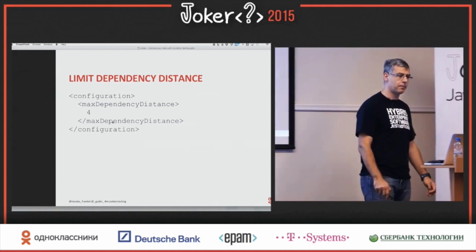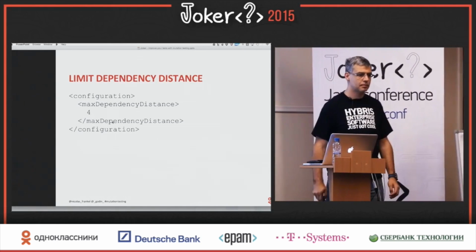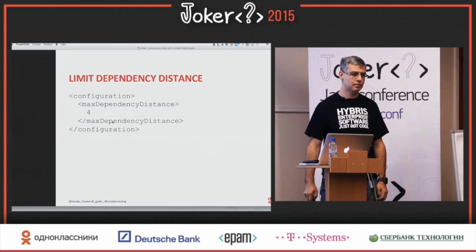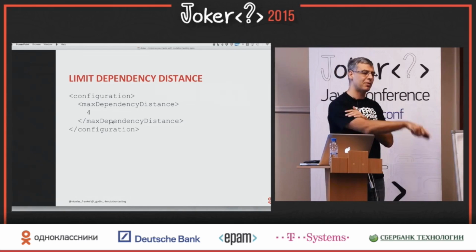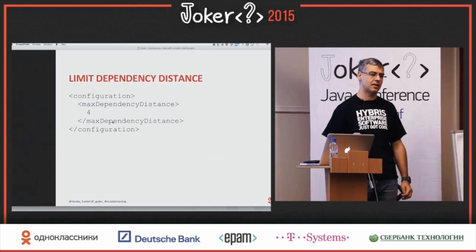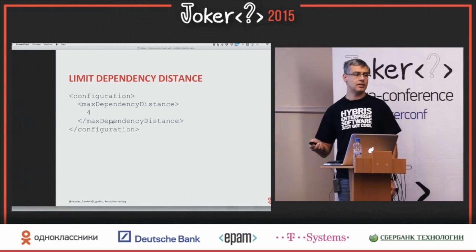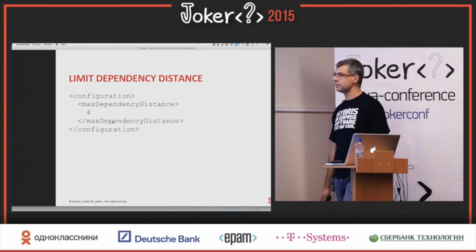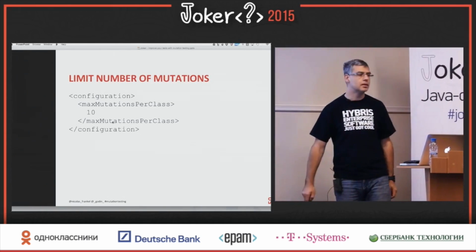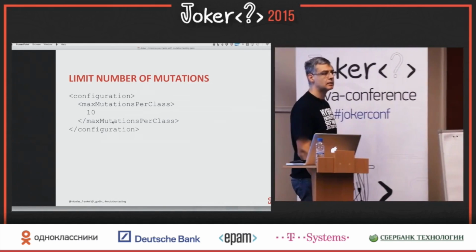Yes? Question. Does PIT apply only one mutation or one dependency at one time? Yeah, at one time. Because we really want to be sure that this is the reason why the test still was successful. At a time means during a test execution. Of course, it can apply 100 mutations per class, for each test. Yeah. What if we have runtime dependencies?